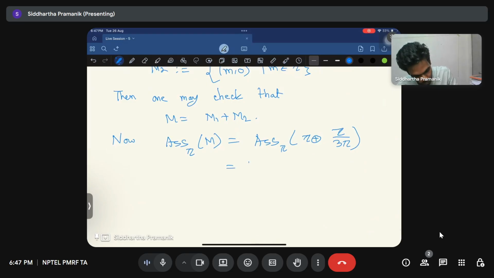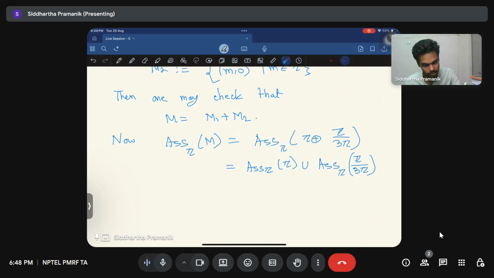So this equals the associated primes of Z over Z union the associated primes of Z mod 2Z over Z, by the previous trick. Now what about these? The first one we have already seen. So this is just the zero ideal.